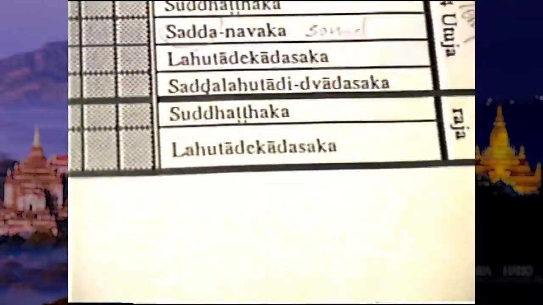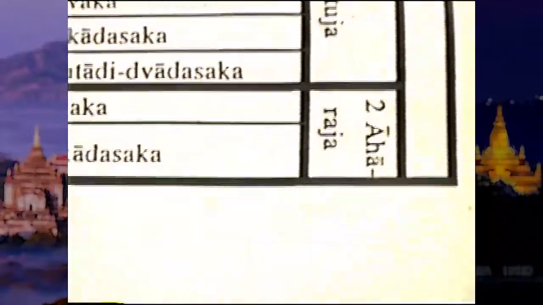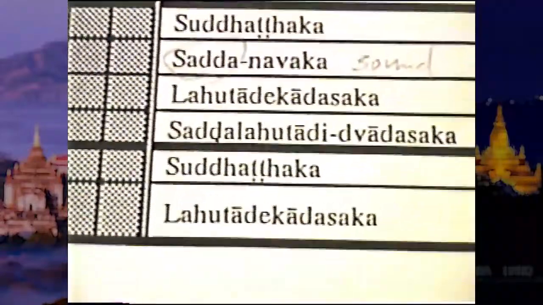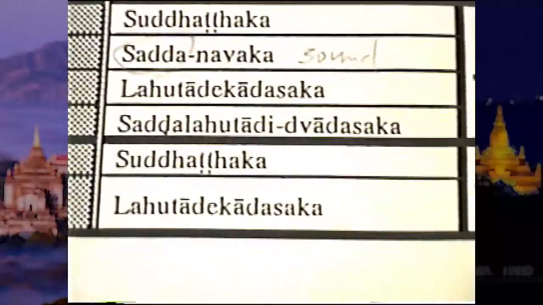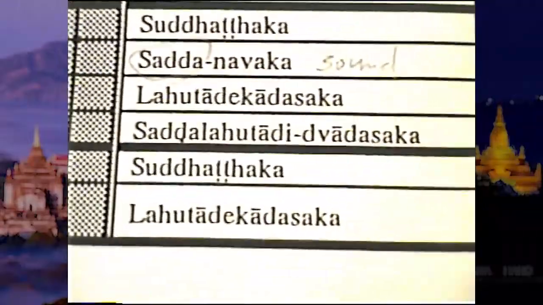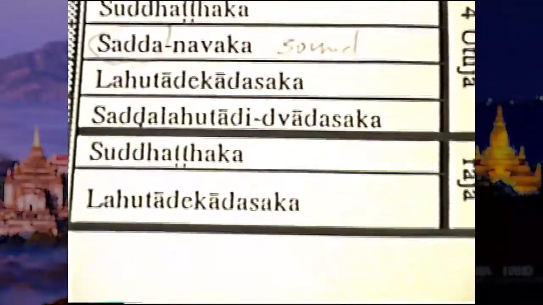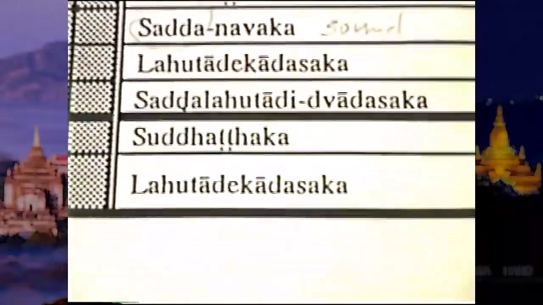And the last group consists of 2 kalapas, and they are caused by nutriment, ahara. The first is again Suddhattaka, and the second Lahuta Di Eka Dasaka, lightness and so on.